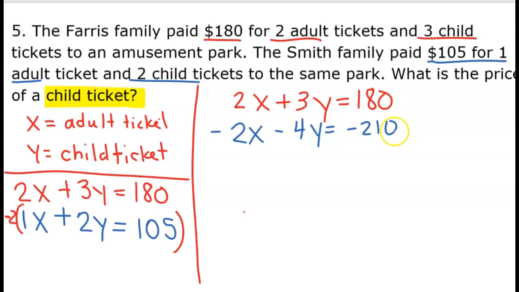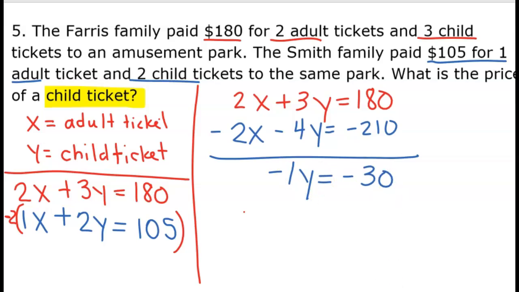I multiply the second equation by negative 2 so that my x's would cancel. My x's cancel because I have a positive 2 and a negative 2, and that cancels each other out. I'm solving for y. What am I going to do next?